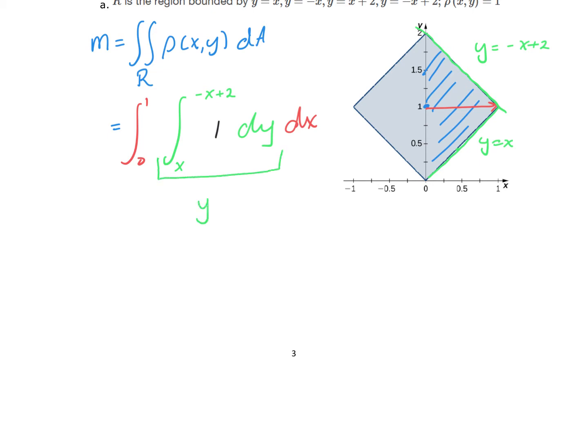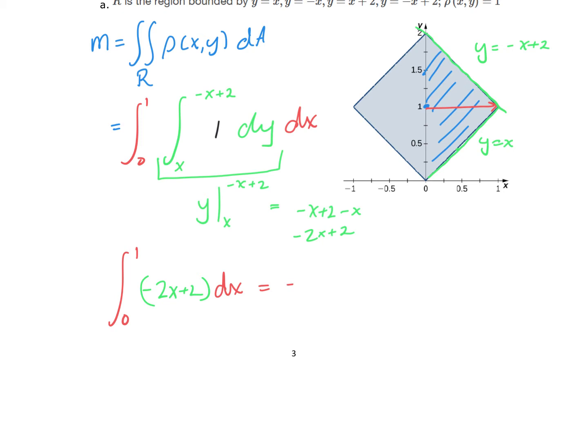Okay, so let's do the integration, this part right here first. So this is going to be y evaluated from x to negative x plus 2, which is going to give me negative x plus 2 minus an x, so negative 2x plus 2. So now I'm going to integrate from 0 to 1 of this negative x plus 2 dx, which is actually a really nice integration.